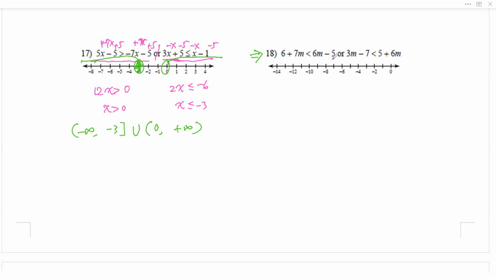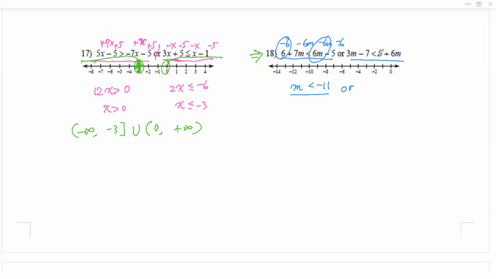Number 18. They are similar to 17. So we have two inequalities, first and second inequality. So let's see the first one. Both sides minus 6m. We try to make the 6m disappear, right? Both sides minus 6, make this disappear, right? So the left one in the first inequality here is 6m less than negative 11.